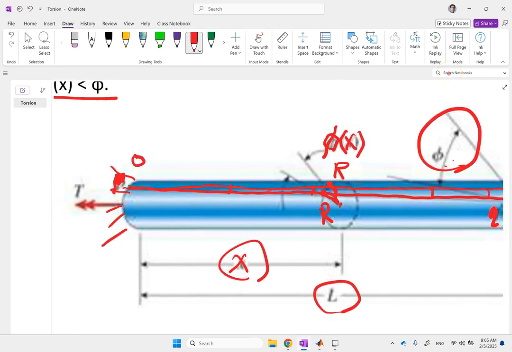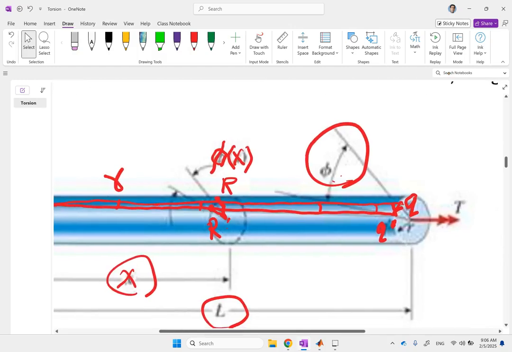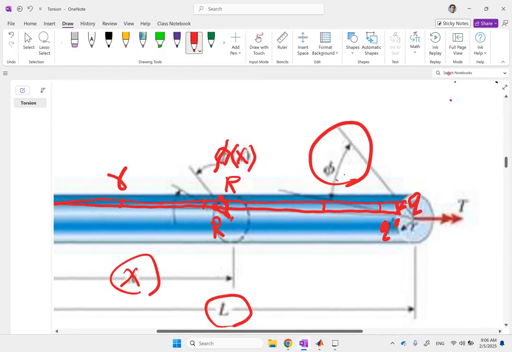On the surface, on the very outer layer of this shaft, that angle is all over the same value, and that is gamma. Now, this gamma depends on the radius. So if we calculate that gamma at the outer radius at this end, that is going to be the maximum value. But if you go inside the shaft and calculate for similar lines, that gamma is going to be smaller. So this maximum gamma that happens at the biggest radius, we call it gamma max.